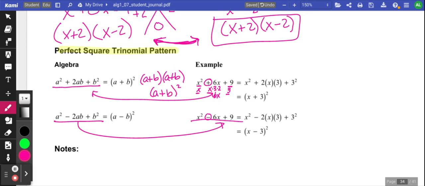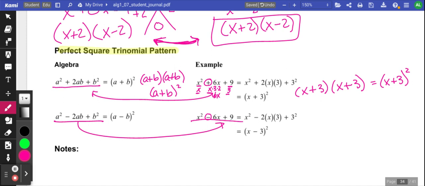Okay, just like over here. We know that the square root of x squared and the square root of 9, we've got x and 3, so we'll call that x plus 3 times x plus 3, which is the same thing as x plus 3 squared. This is another one of those where if this is confusing, you could just factor this out like normal.